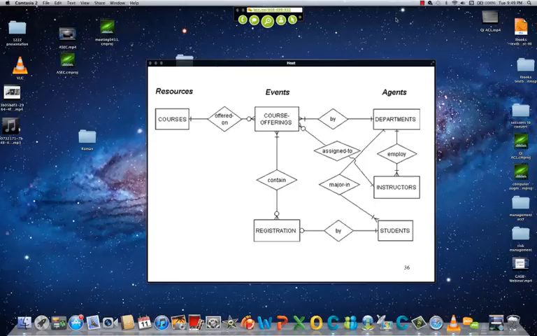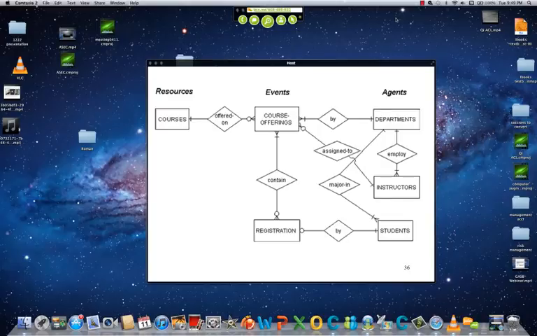For each course offering, there may be either no registration or many registrations. Why is it optional? An example is a course offering which is not offered for registration.